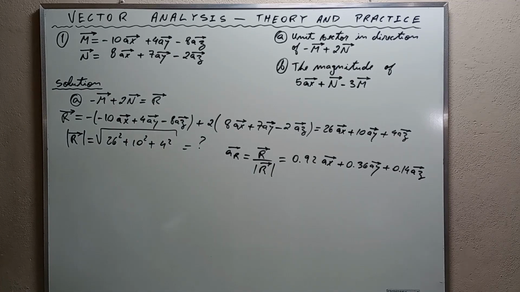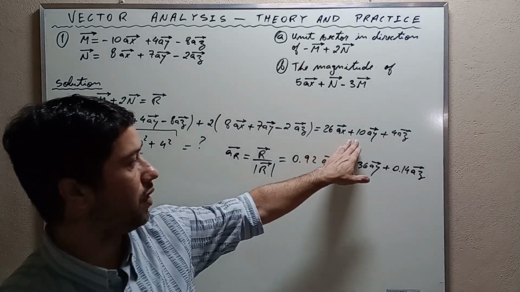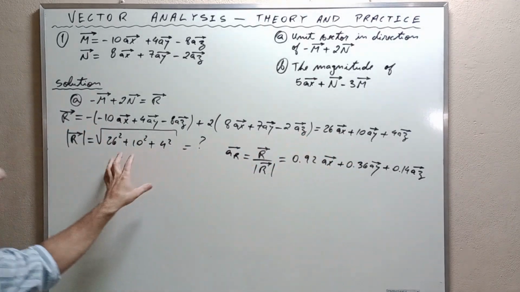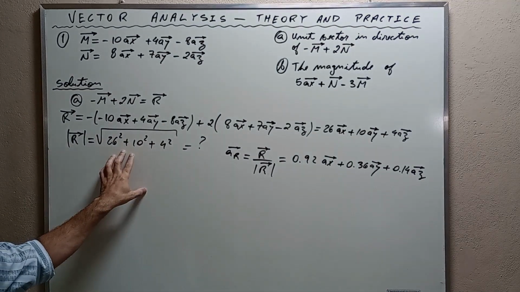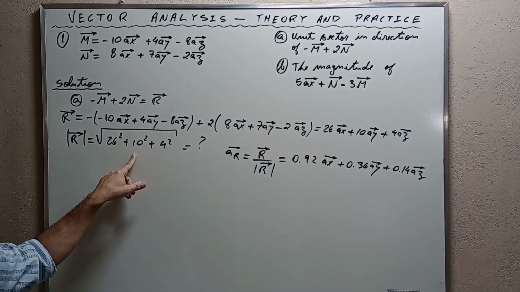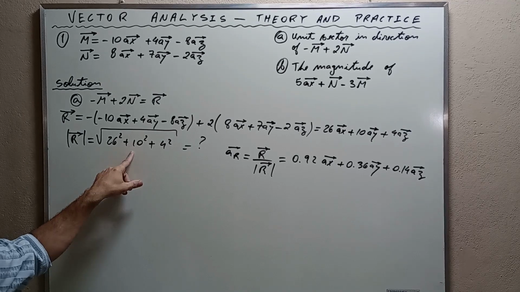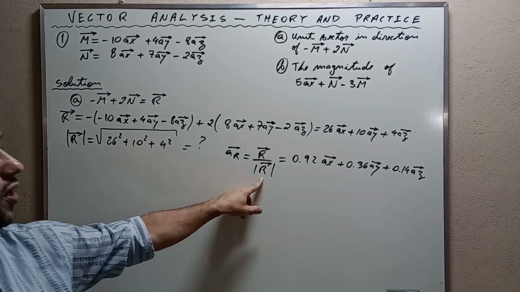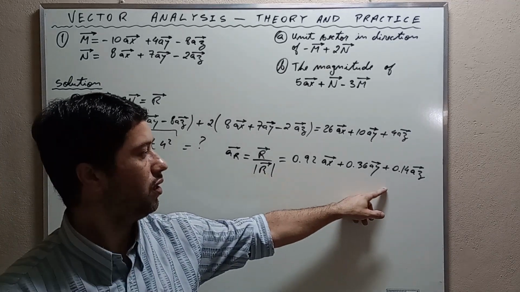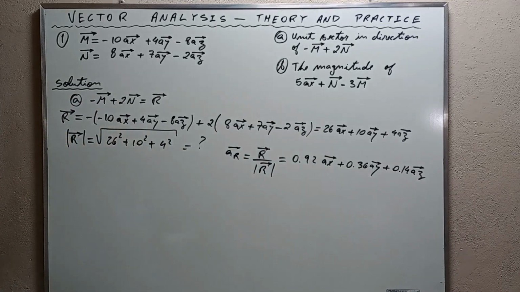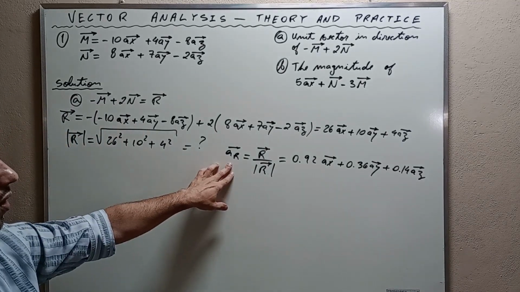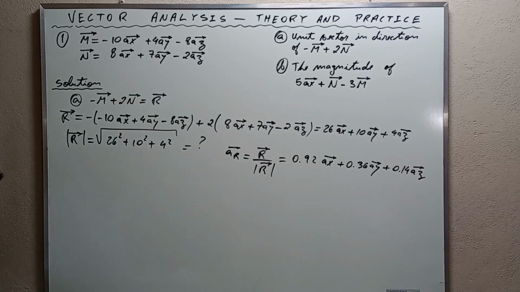Alright? You simply take this and divide by the number that you find here. I'm gonna let you calculate this. You're gonna find a number, you use the number here, and then you're gonna find this unit vector, and this is the solution of letter A.